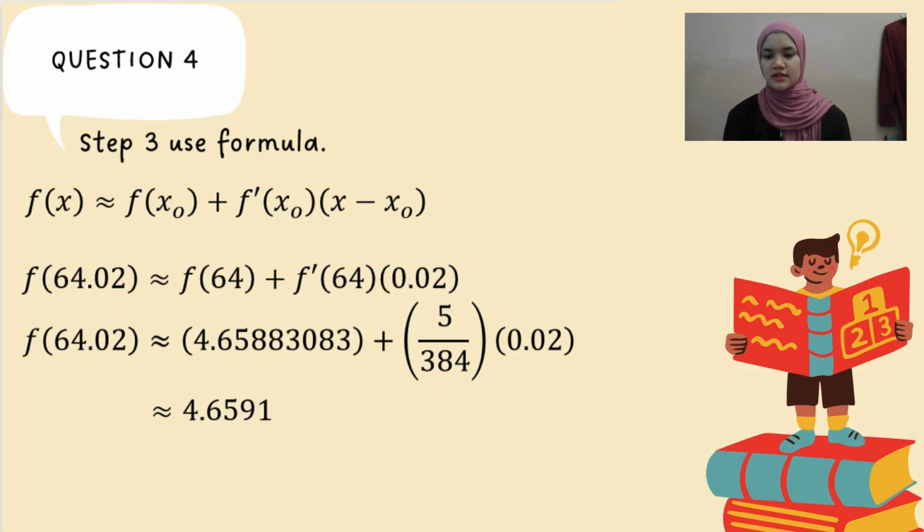So for the calculation, f of 64.02 is approximately equal to 4.658883083 plus the quantity 5 over 384 times 0.02. So for the final answer, it is approximately equal to 4.6591.